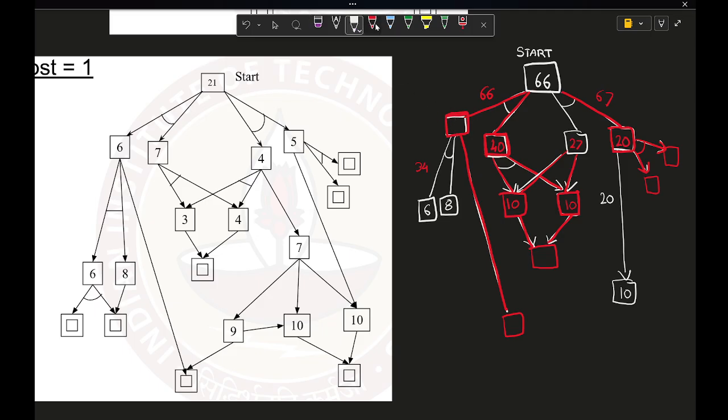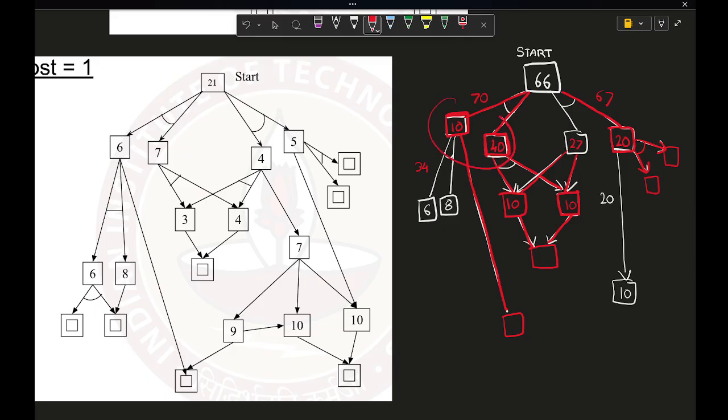Update its cost to 10 because that's the lesser one. And now we again update the costs. So 10 plus 40 is 50, 50 plus 20, so this is 70. So we get 70 here.